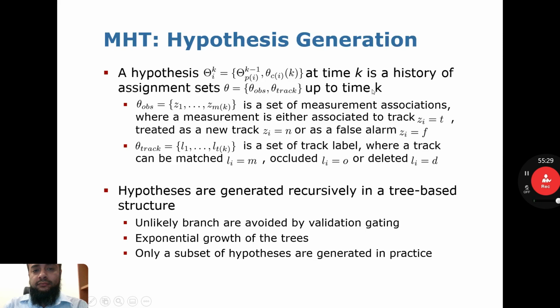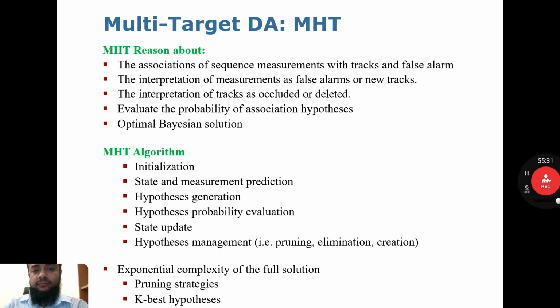It means it always tries to interpret which measurement is a false alarm or which measurement is a new track, and the interpretation of whether tracks are updated or should be deleted. It evaluates the probability of the association hypothesis, an optimal Bayesian solution.